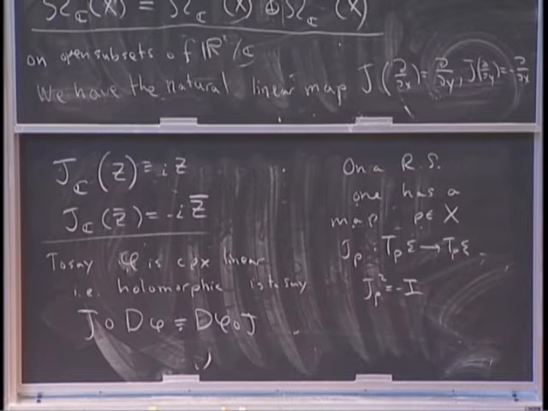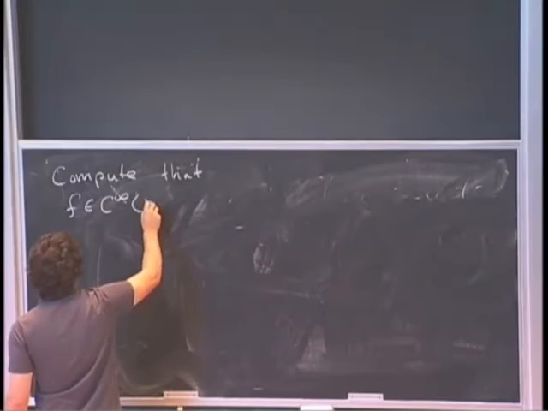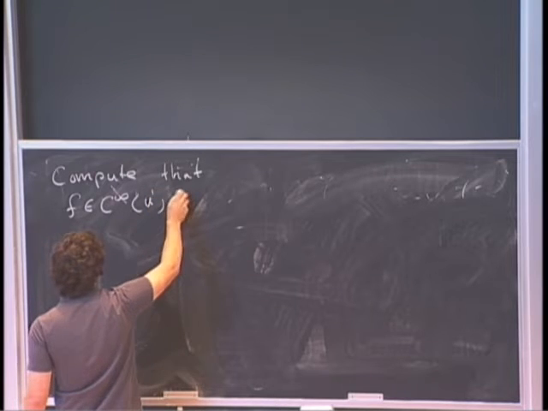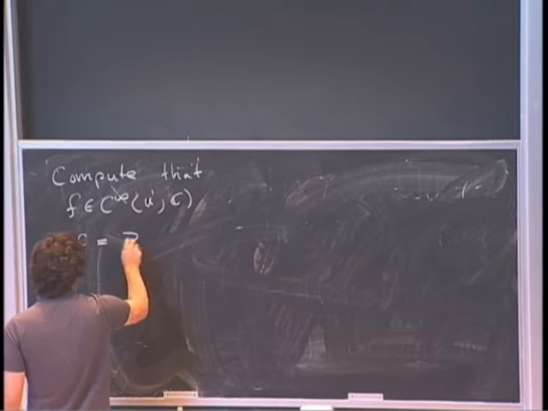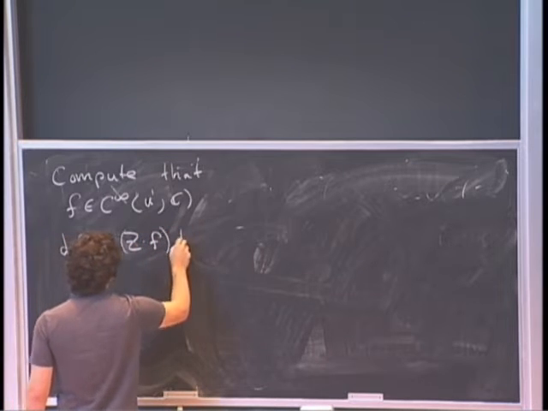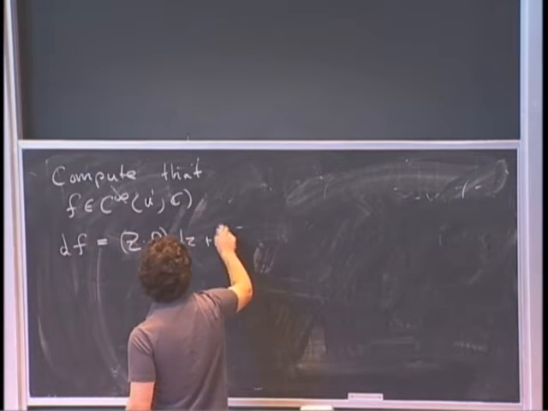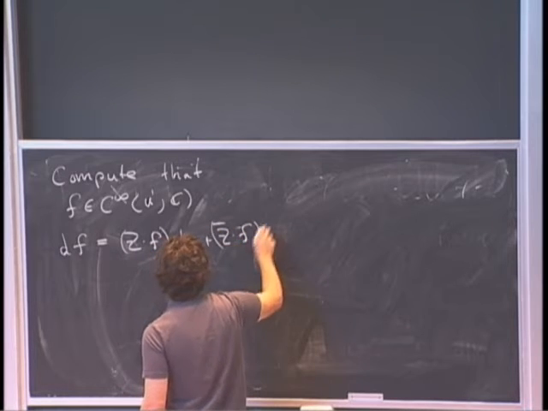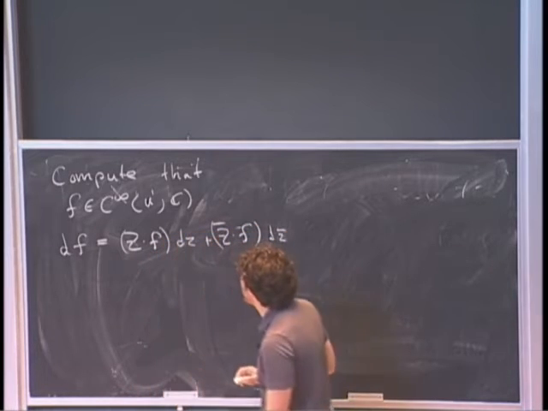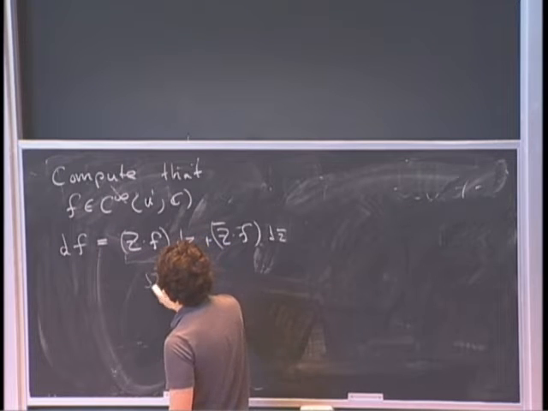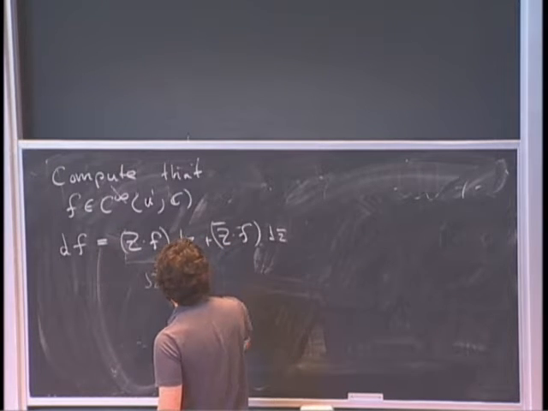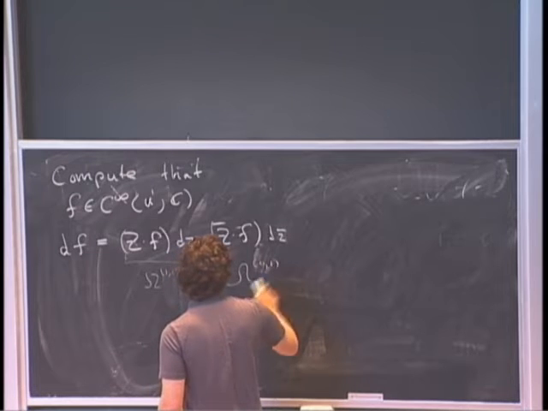for a function f, going back to just the open set in the plane with complex values, if you look at df, then this is the same as the derivative of f with respect to z, times dz, plus the derivative with respect to z bar of f, times dz bar, right? So this is a 1, 0 form, and this is a 0, 1 form.